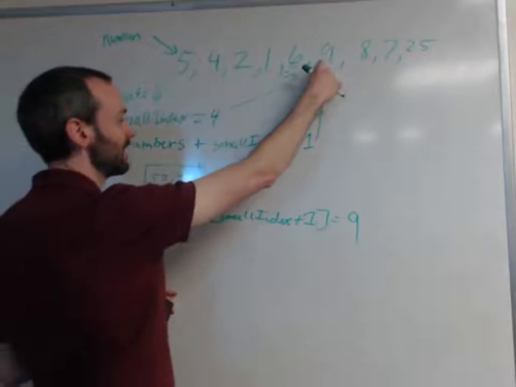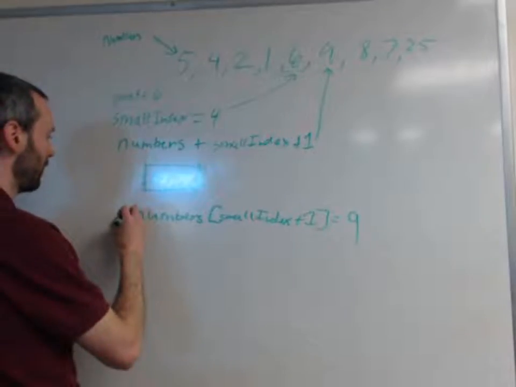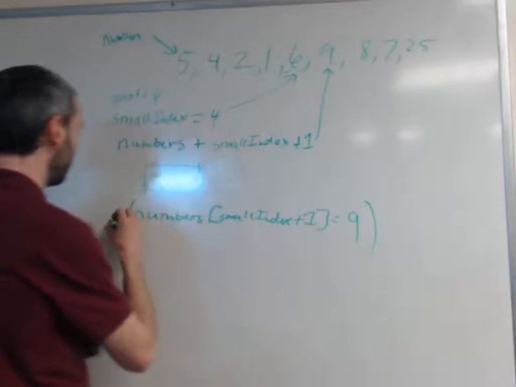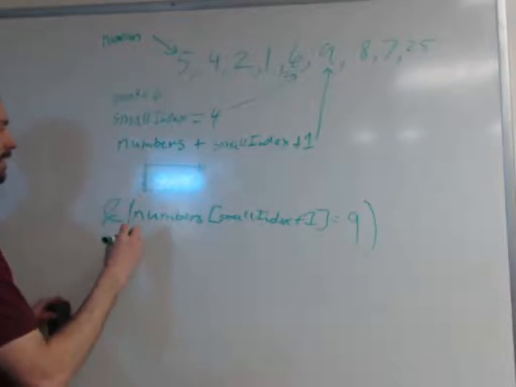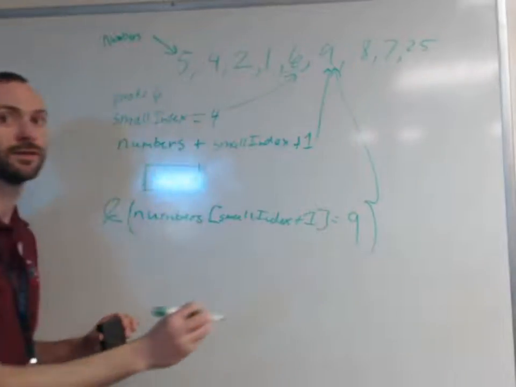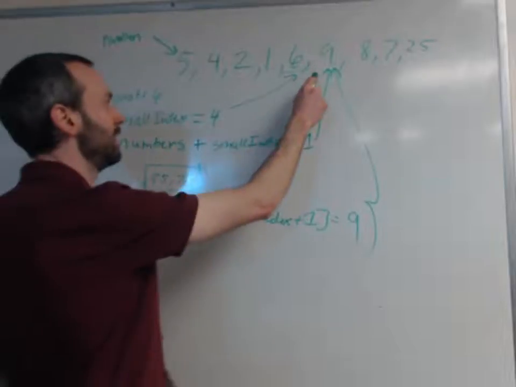Small index plus 1 is that 9. Therefore, if you take the ampersand of it, it's going to create a pointer that points to the 9. Okay? So these are two different ways to do the same thing, but you're creating a pointer that goes to the beginning of the upper list.